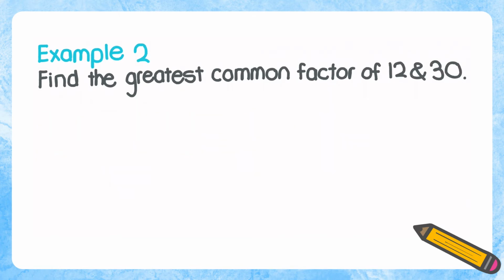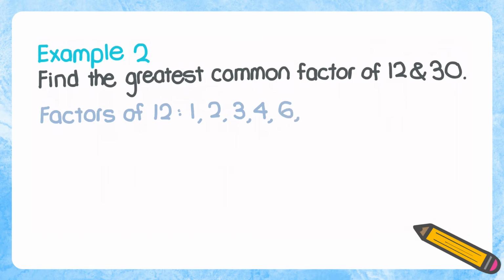Let's look at another example. We're going to find the greatest common factor of 12 and 30. Let's start off by writing all factors of 12. You can actually look at the example right before this since we already talked about the factors of 12. 1, 2, 3, 4, 6, and 12 are all factors of 12.